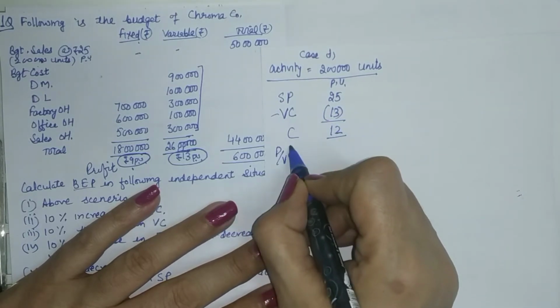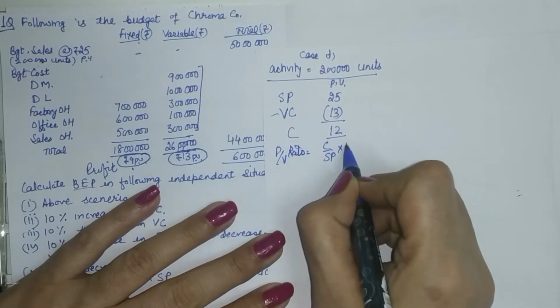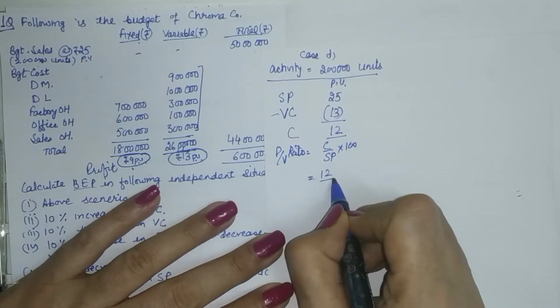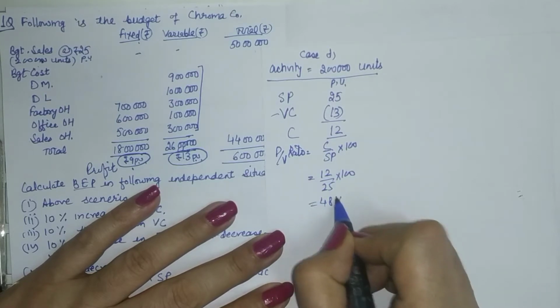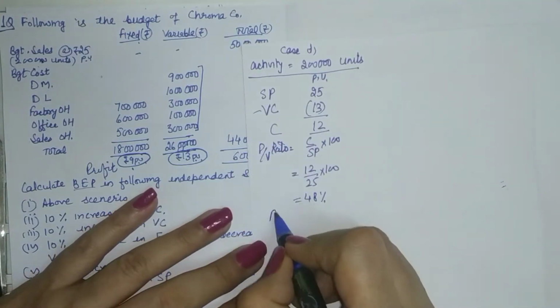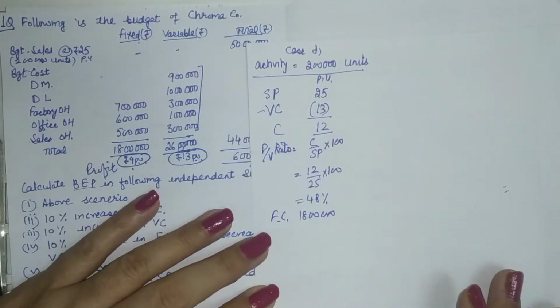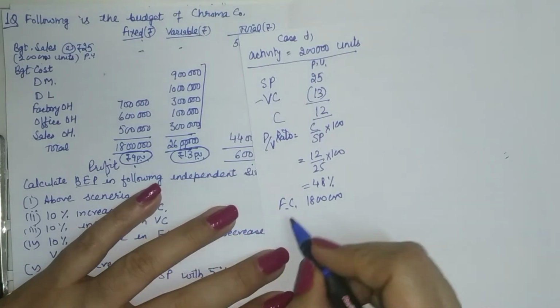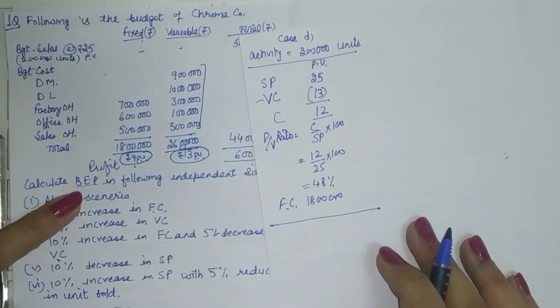So PV ratio will be contribution upon selling price into 100, that is 12 upon 25 into 100, that is 48%. So we have calculated this. Fixed cost is now 18 lakhs. Alright. So we are to determine break-even point. Now our question doesn't specify whether it is a point in terms of units or in rupees.